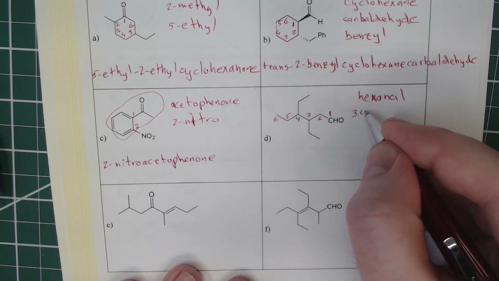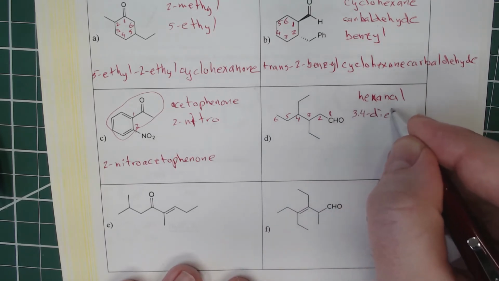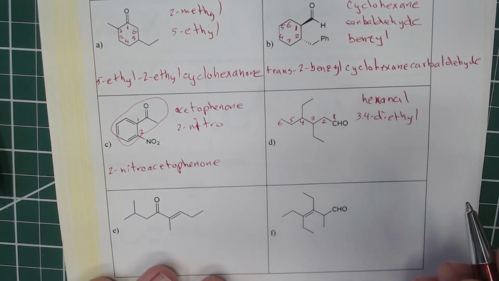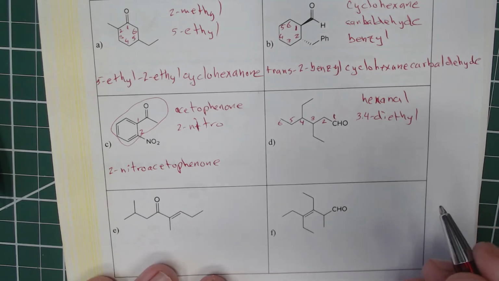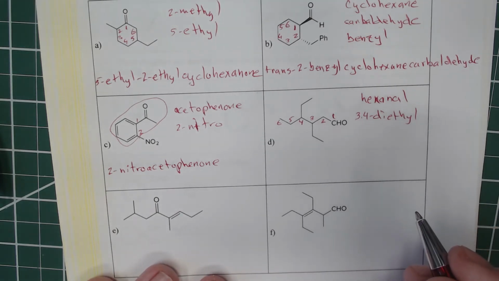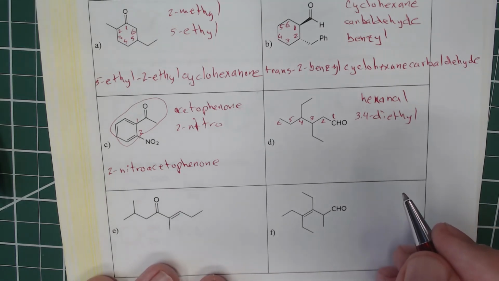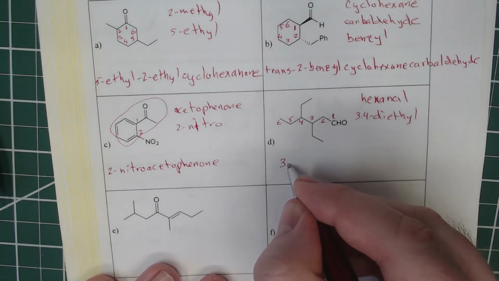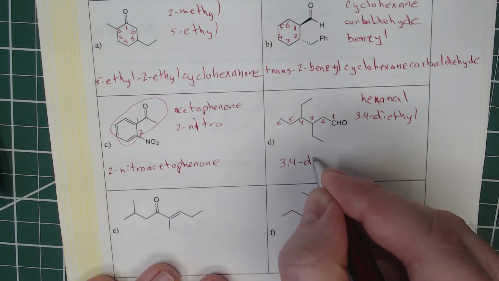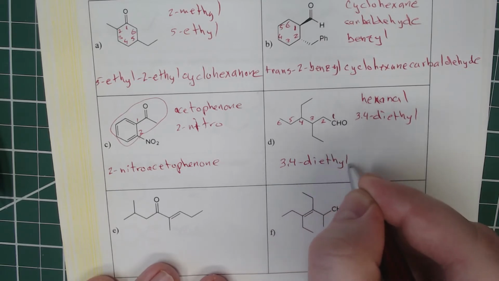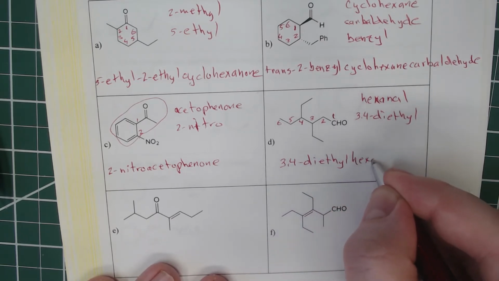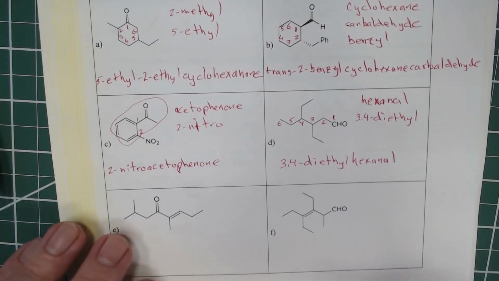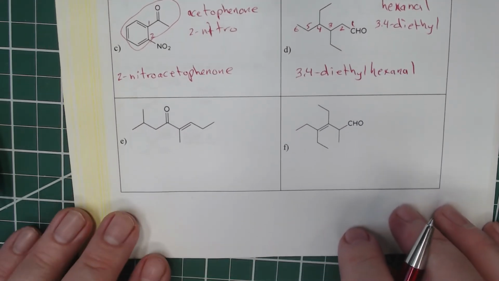So 3, 4 diethyl, and that's everything. So now we can put that all together, and we can refer to that as 3, 4 diethyl hexanal. All right, so there's the 3,4-diethyl hexanal.